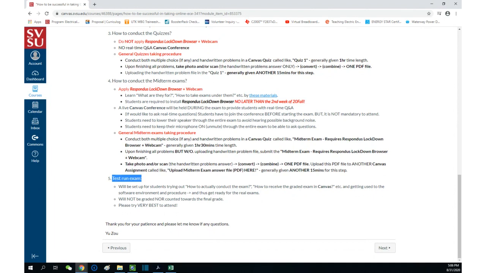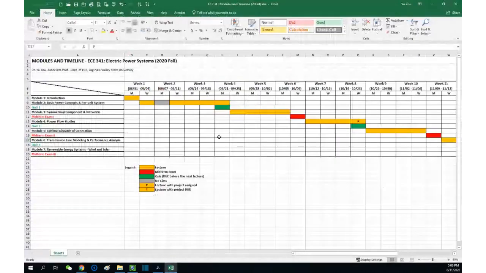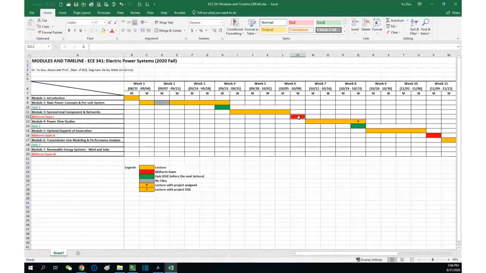I have another question from Suba: will we have review days before every exam? That's for sure. Review days before the exam. For example, when will be our first review lecture? One week before the upcoming exam.